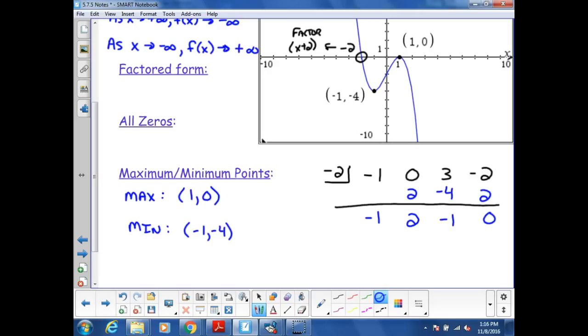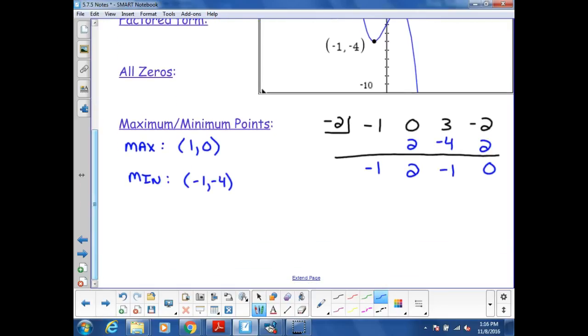Okay? I like it. So this tells me then that f of x could be x plus 2 times -x squared plus 2x minus 1. Correct? Okay. Do we like negative in front of our squared terms? I got to factor this one next and see if it's factorable.